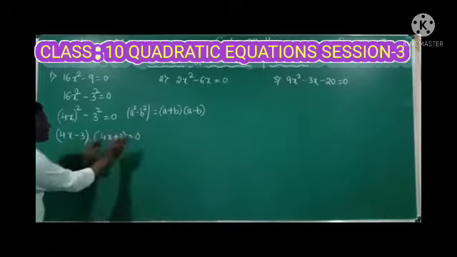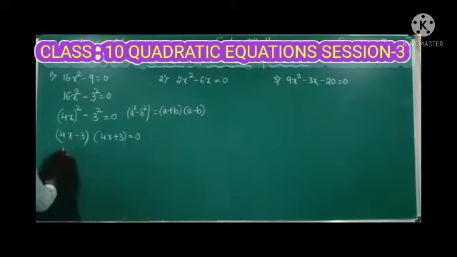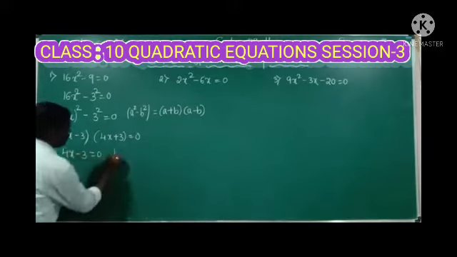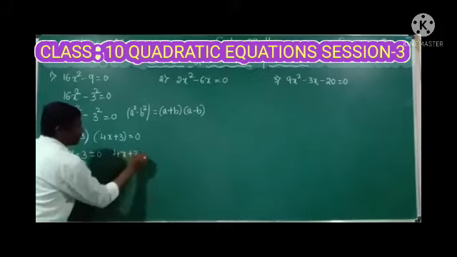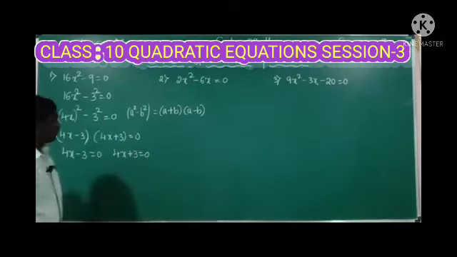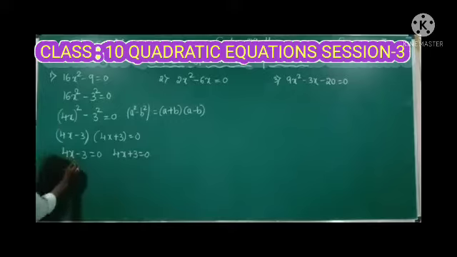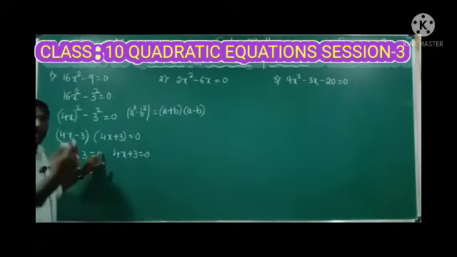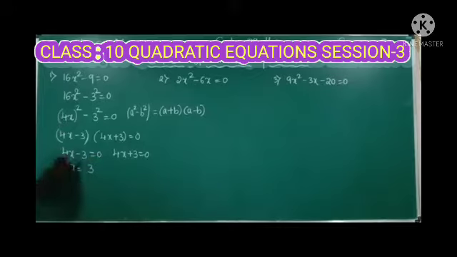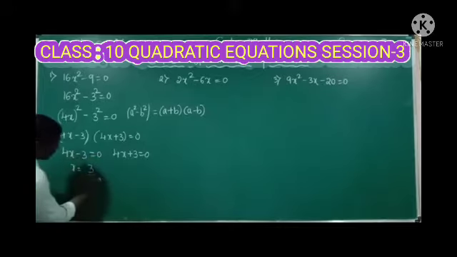Now take each term equal to 0. For example, 4x minus 3 is equal to 0, and 4x plus 3 is equal to 0. Now x is equal to, when you take this minus 3 to the RHS, the negative value becomes positive. Therefore x is equal to 3 by 4.